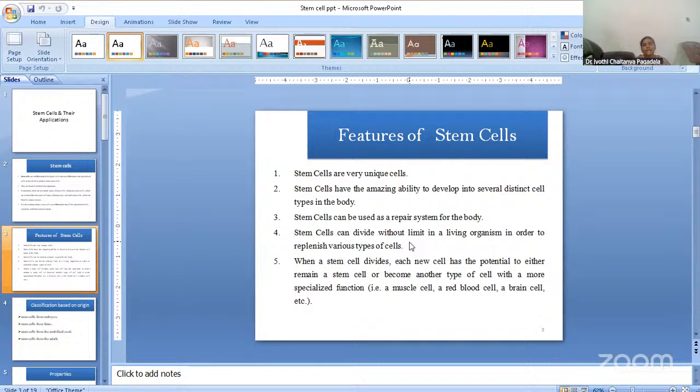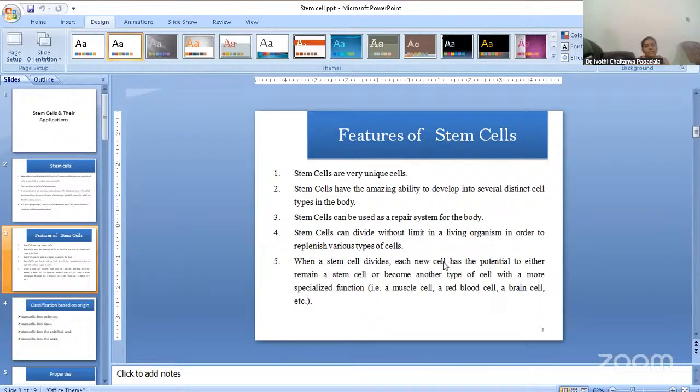They can divide without limit in the living organism in order to replenish various types of cells. When a stem cell divides, each new cell has the potential to either remain a stem cell or become another type of cell with a more specialized function, like a muscle cell, a red blood cell, or a brain cell.